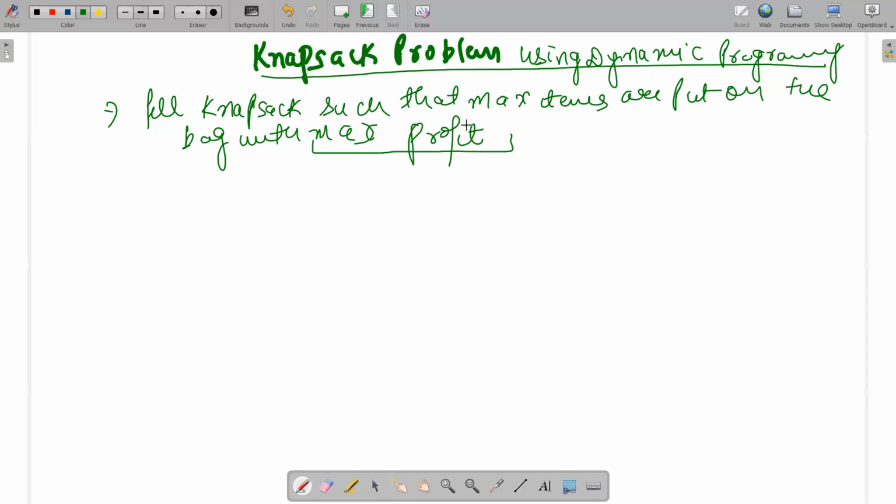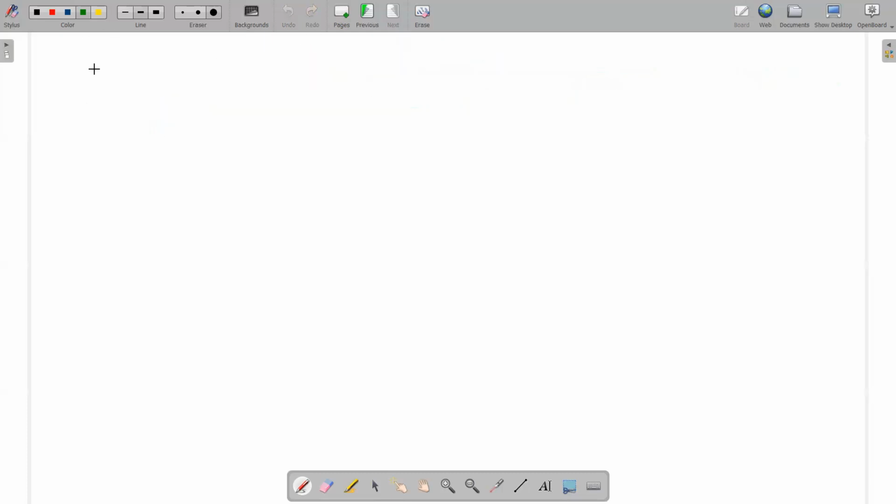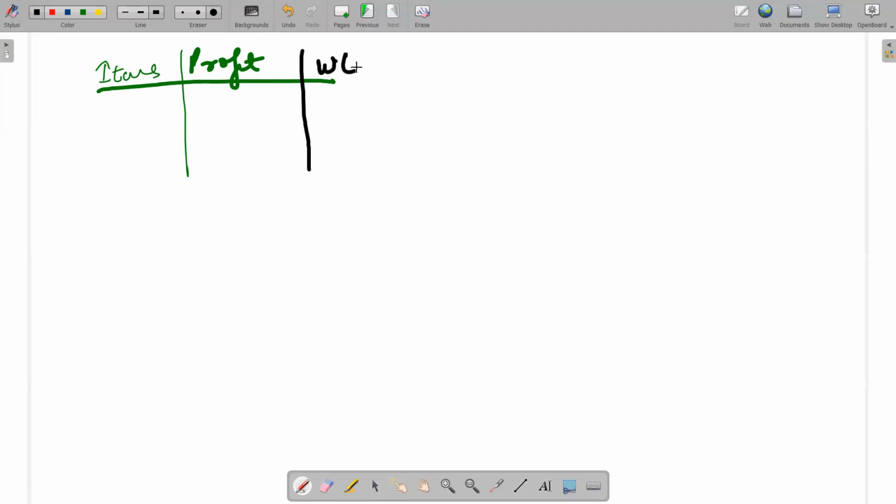So how does this whole process work? Let's take a particular example. We have got items, we have got the profit, and we have got the weight.